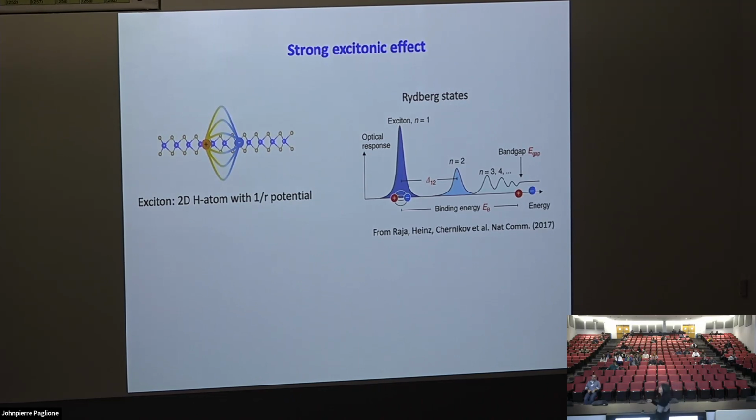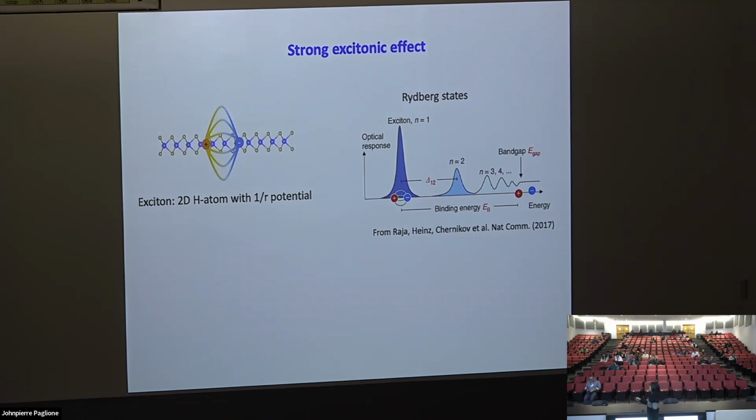They're in some 1/r or modified 1/r potential. Then you can think of this as like a Rydberg atom, so you should have a Rydberg series. Indeed, the Rydberg series has been observed.